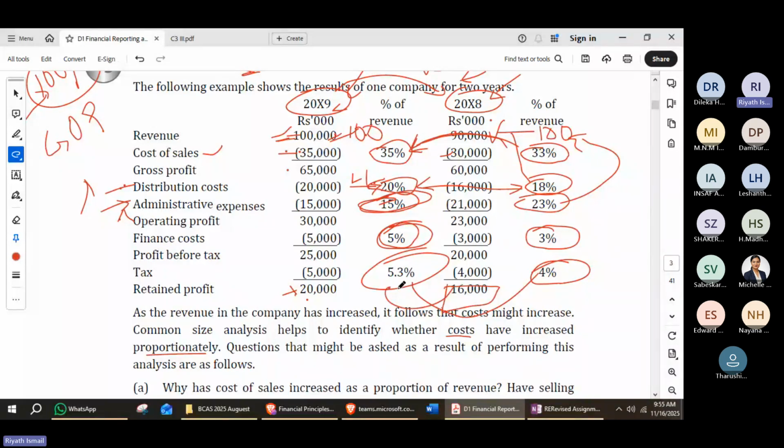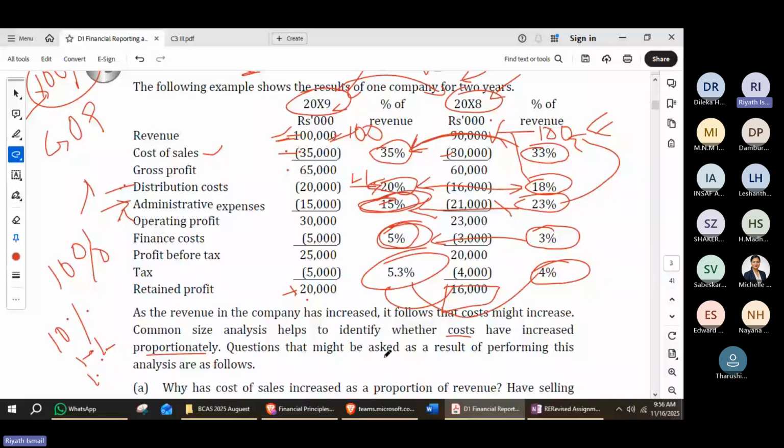So we cannot expect a proportional increase, like the admin cost here. The revenue increases, but admin cost reduces from 23 to 15%. Finance cost and all others increase, but the admin cost decreases. So we cannot say that a 5% increase in sales means a 10% increase in admin cost, sales cost, or finance cost. We can't say like that.